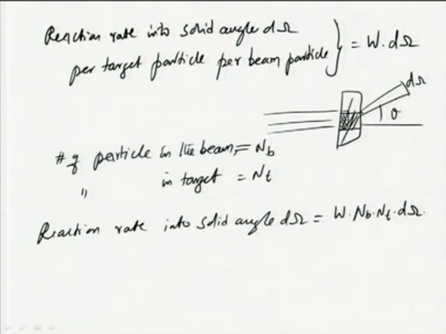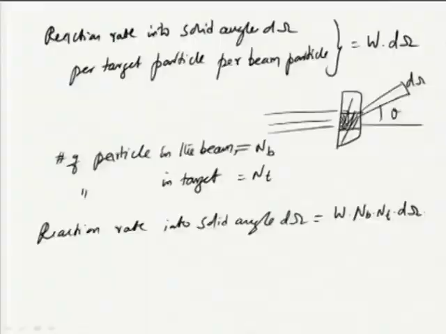And which means that if you have such a scattering experiment where there are Nb particles in the beam and Nt particles in the target, then the rate of particles which is going to scatter into the solid angle d omega is basically W d omega, which is essentially the reaction rate per target particle per beam particle.